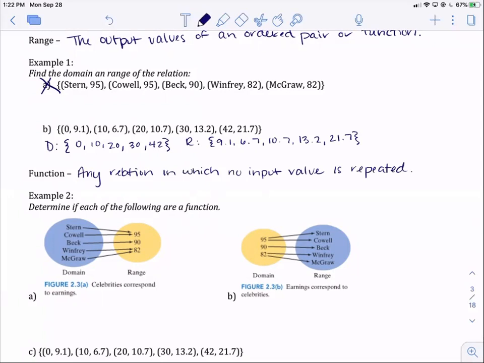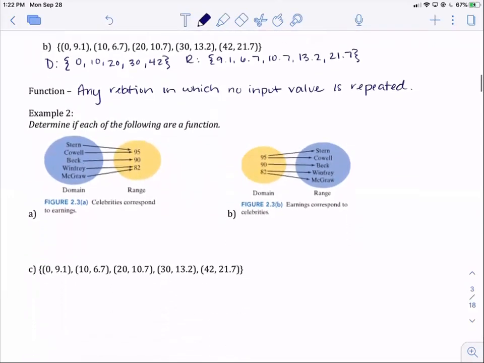So if we look at the first example, we have our domain is celebrities, and the range is their earnings. So none of our celebrities are repeated, so this is considered a function. But then if we flip it, going the other direction, because 95 is going to both Stern and Cowell, that means that 95 is repeated, so this is not a function.